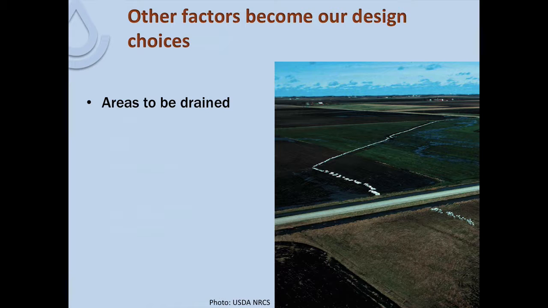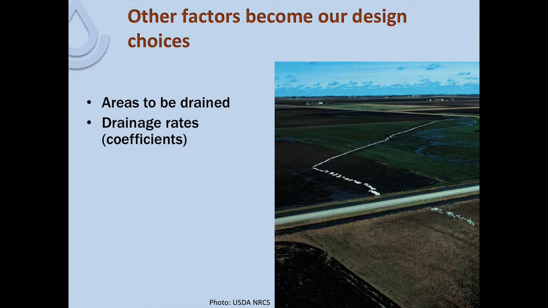In other fields it may just be portions of the field that need some additional drainage, and in those types of situations we may be just looking at a targeted drainage system where it may just be a few lines here and there to try and address some problem areas, potentially building off some laterals into some areas, but not across the entire field.